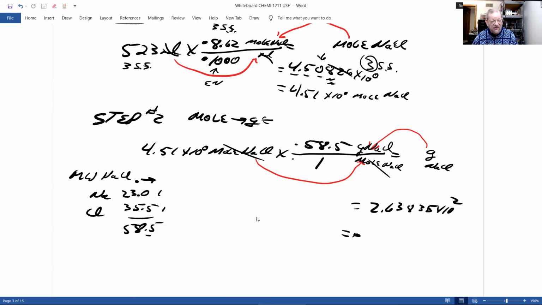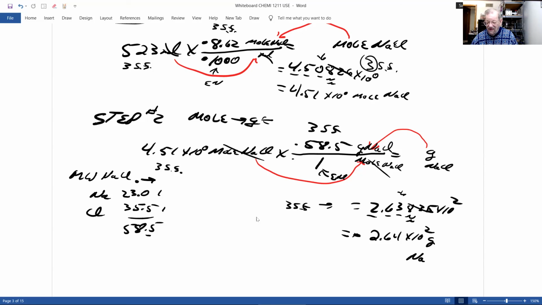Time's up. This is 3 significant figures. Oh, he's in his rut again. 3 significant figures. 1 is an exact number, doesn't play a role. So you should round this off to 3 significant figures. Keep 2, keep the 6, keep the 3. Ooh, got an 8 again. As 4, 5 or higher, drop these, increases by 1. And the correct answer is 2.64 times 10 squared grams of sodium chloride.